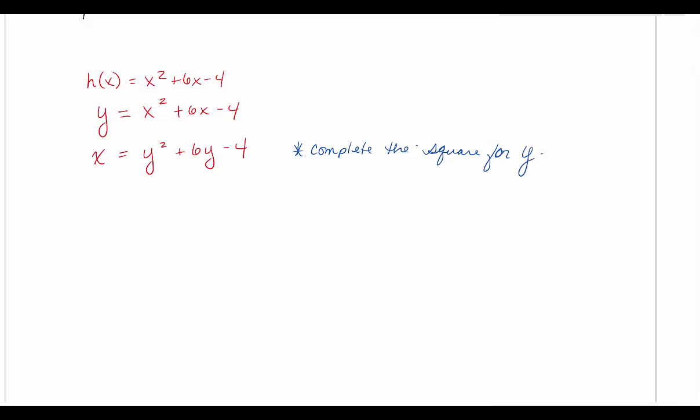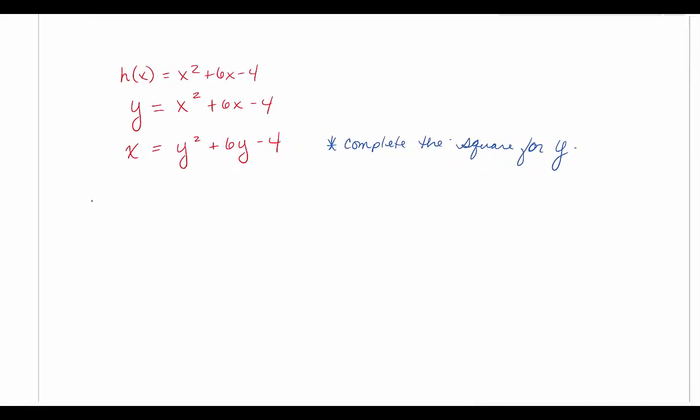So our y terms on one side, our constant and x term on the other. This becomes x plus 4 equals y squared plus 6y.